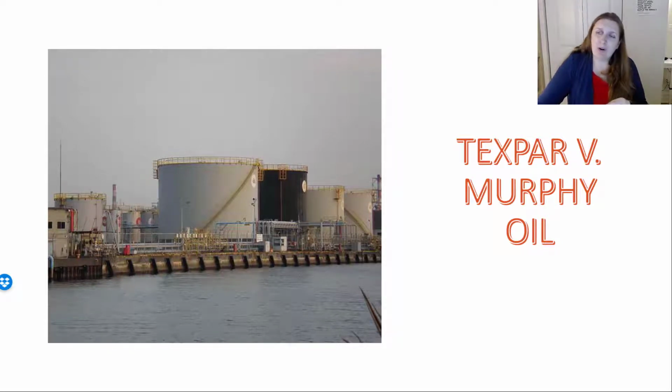The Texpar versus Murphy Oil case is a really interesting one, I think. So we have our original plaintiff Texpar, our original defendant Murphy, and Texpar had arranged to buy 15,000 tons of asphalt at $53 a ton and sell it, just flip it, at $56 a ton.